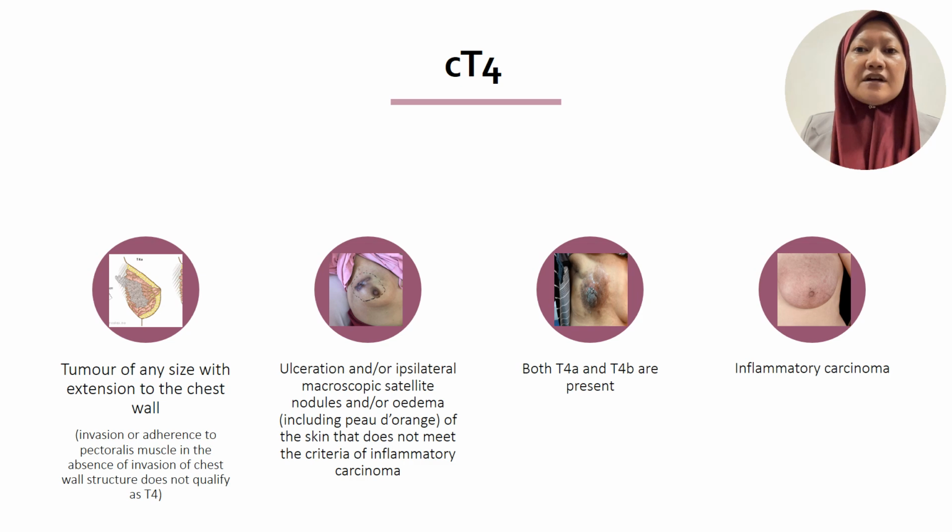T4c is when there is a combination of both chest wall and skin involvement. And T4d refers to inflammatory breast cancer, characterized by rapid changes in the breast, including swelling, redness, and peau d'orange. Understanding this classification is very important for determining the appropriate treatment strategies and prognosis for patients with advanced breast cancer.